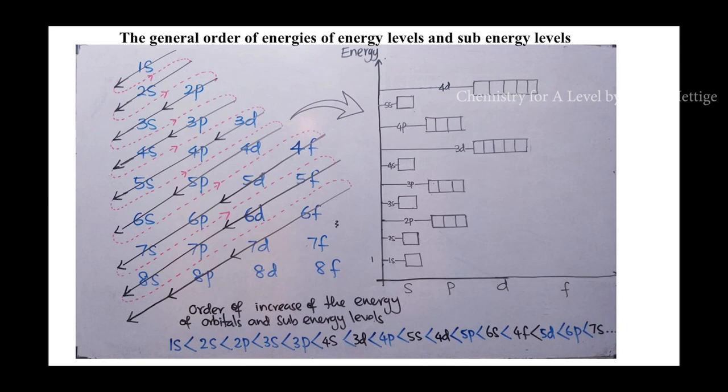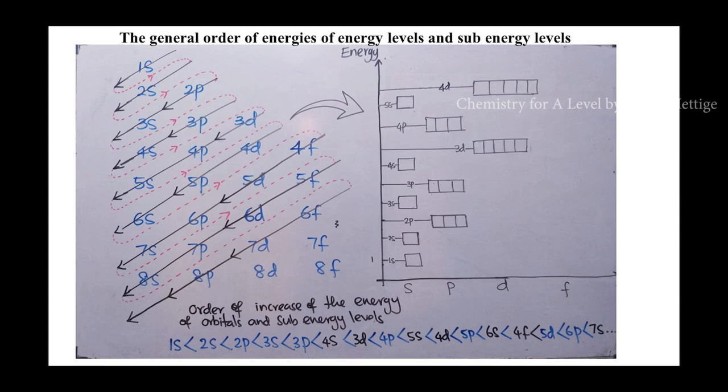The first main energy level has 1s, the second has 2s, 2p, the third has 3s, 3p, 3d, and the fourth main energy level has 4s, 4p, 4d, 4f, like that. Then I have drawn these parallel arrows and connected in this order to get the increasing order of the energies of these sub-energy levels and atomic orbitals.